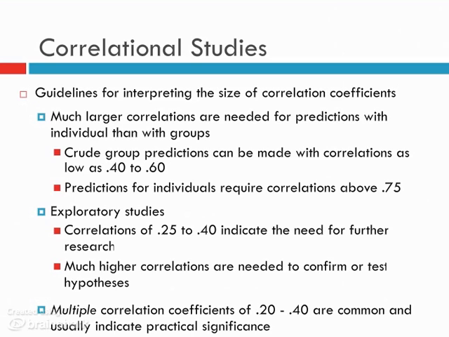When you're looking at exploratory studies, when you're just getting started and starting to examine a topic, anything that's under 0.4 needs additional research. And the higher the correlation, obviously the stronger the relationship can be said that exists between the two variables.